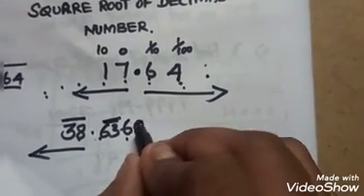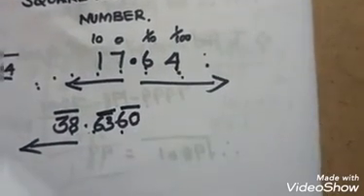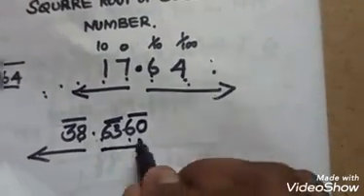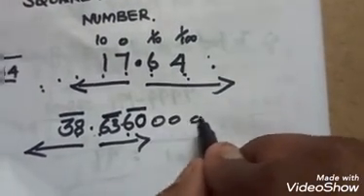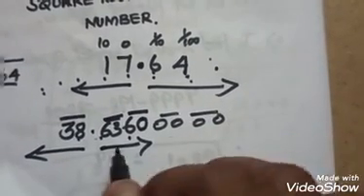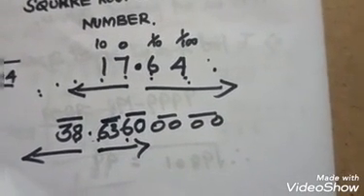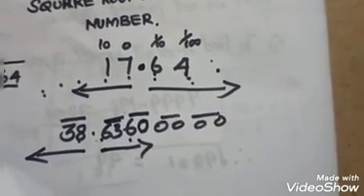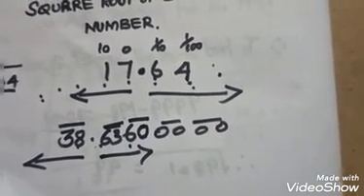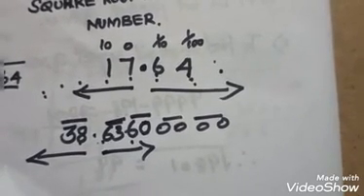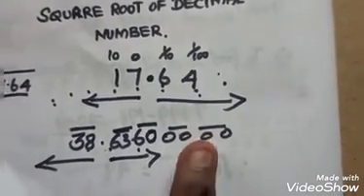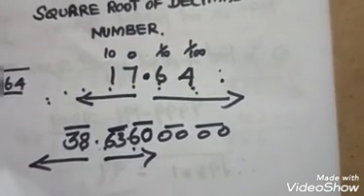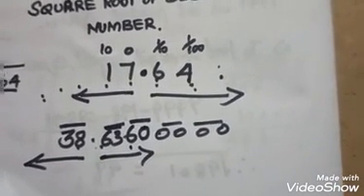You just add a 0 and take this 60 as one pair. How many zeros can you add at last? There is no value in the decimal place. If you add many zeros at the end, there is no change in value for the decimal place. So likewise we need to separate the digits, and then continue the same process.